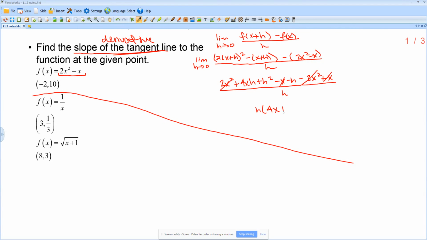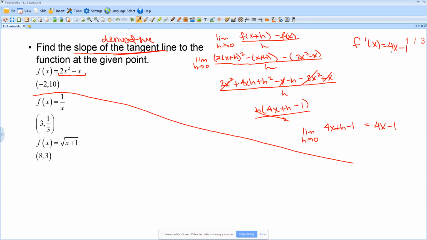So I get 4x plus h minus 1 over h, and those cancel. So this becomes, and remember I'm taking the limit still, the limit as h approaches 0 of 4x plus h minus 1. And now if I evaluate this at 0, I get 4x minus 1. That tells me that the derivative function is 4x minus 1.